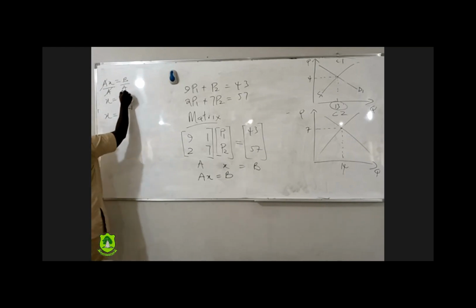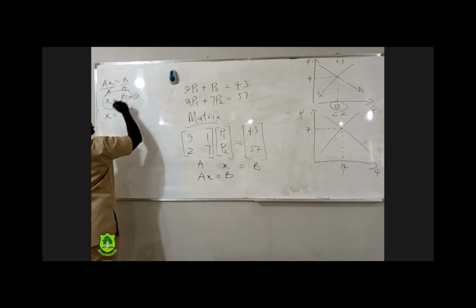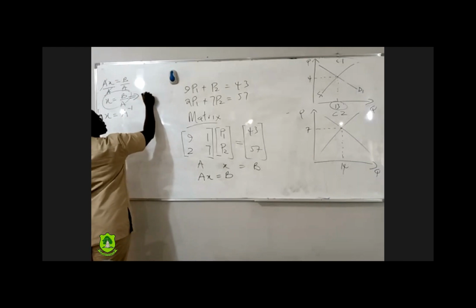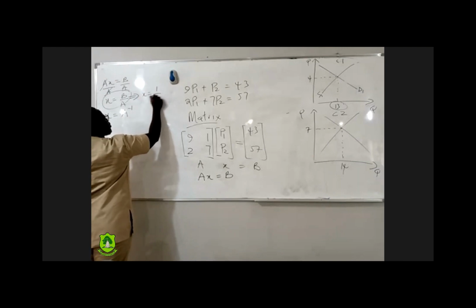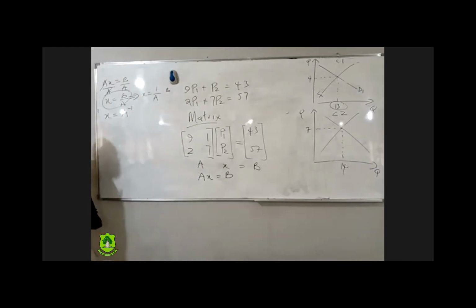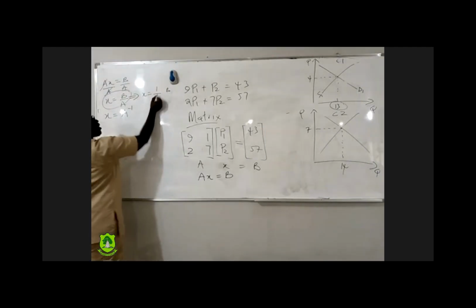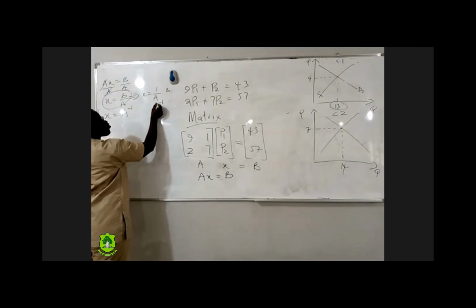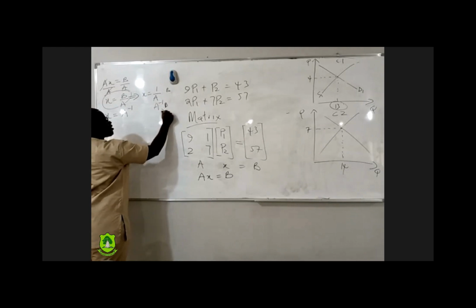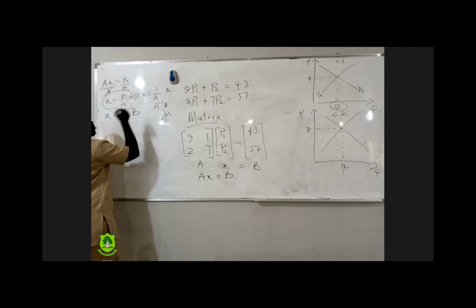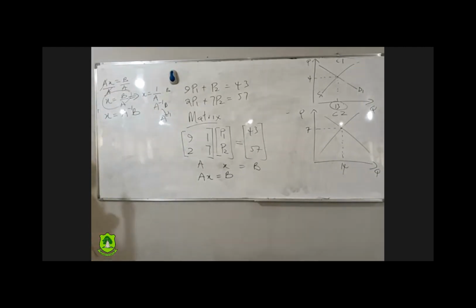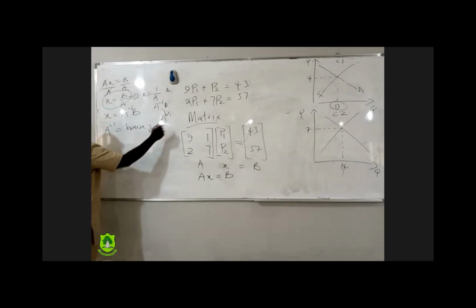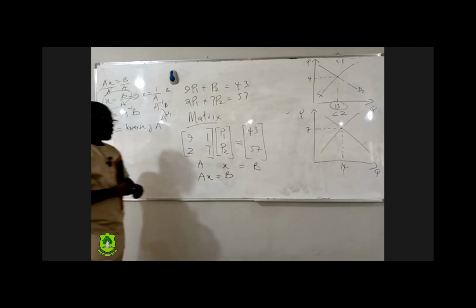Because remember, this is the same thing as X is equal to 1 over A dot B, and 1 over A is the same thing as A raised to the power minus 1, B. So here, A minus 1 is called the inverse of A, or inverse of matrix A.